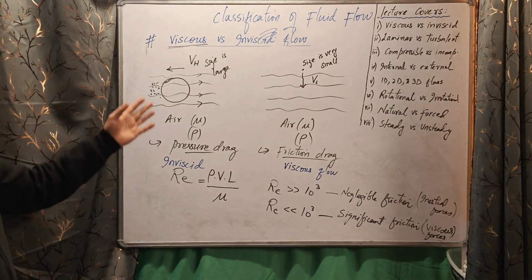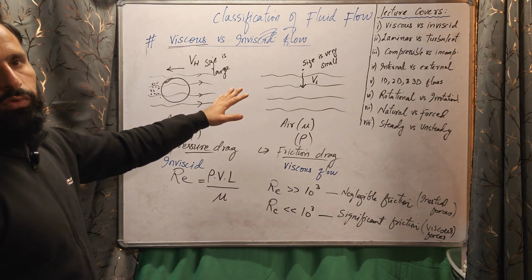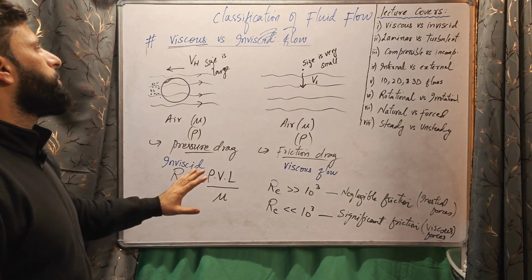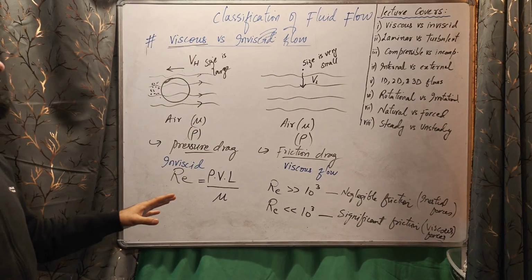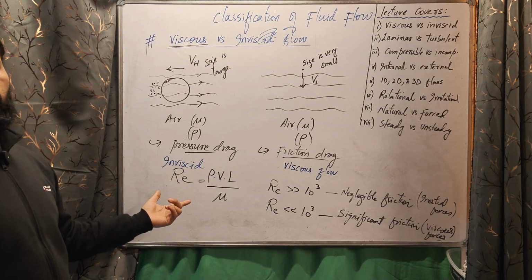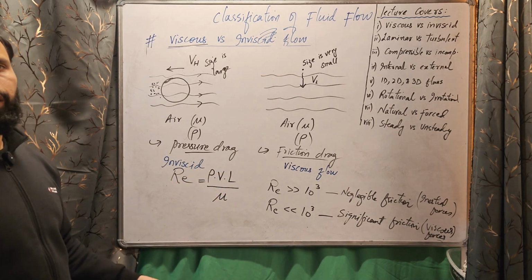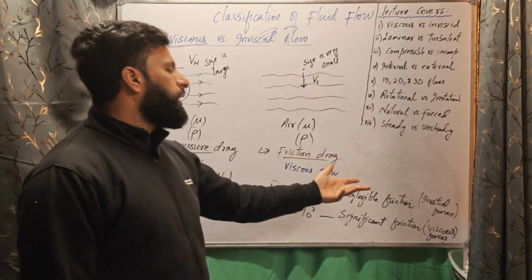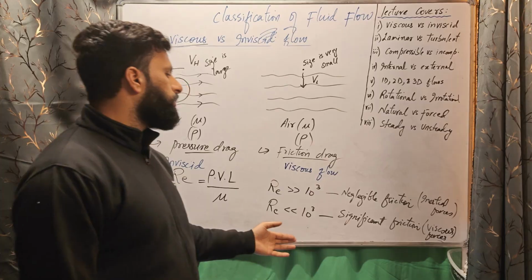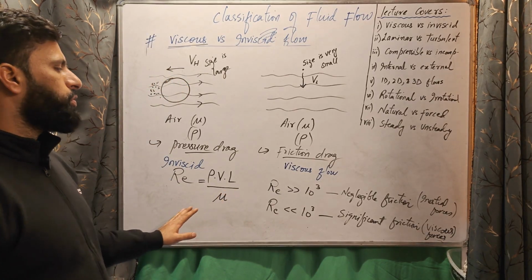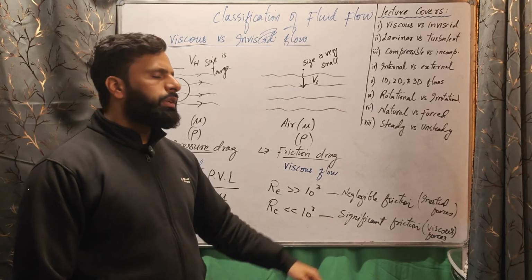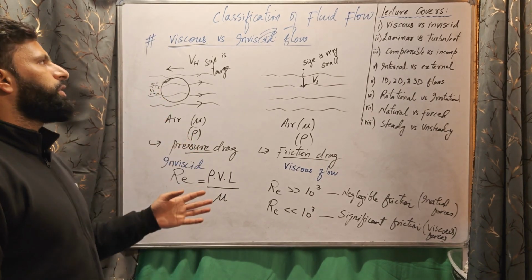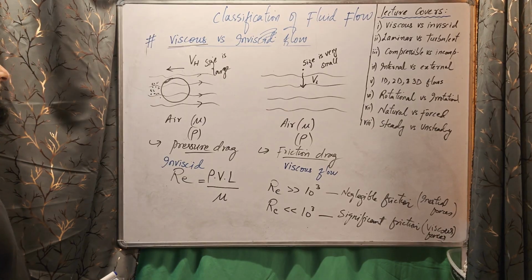So now we know what is viscous flow and what is inviscid flow, and this is not related to just the fluid but the entire flow system. To decide whether it is viscous or inviscid, we use a parameter called Reynolds number, which consists of 4 parameters. If it is much greater than 1000, then inertia effects dominate and it is not dominated by viscous forces. And if it is much lesser than 1000, the flow is dominated by viscosity. So this is viscous versus inviscid flow field.